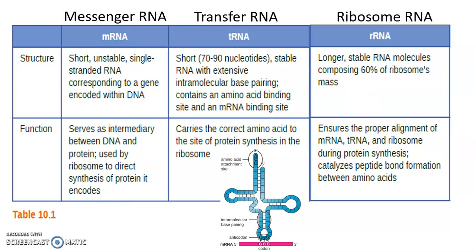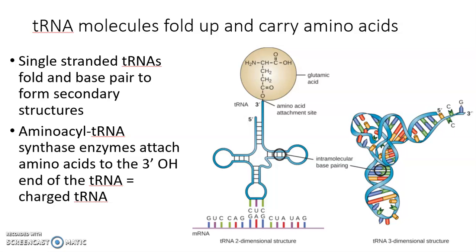But first we want to take a look at the structure of your tRNA molecules. Here we can see our tRNA molecule that's been folded up over on itself, and on this 3' hydroxyl end right there, we have our amino acid. This is known as the cloverleaf diagram. But these tRNAs actually fold over on top of themselves, so in three-dimensional space, this thing would almost be folded in half.